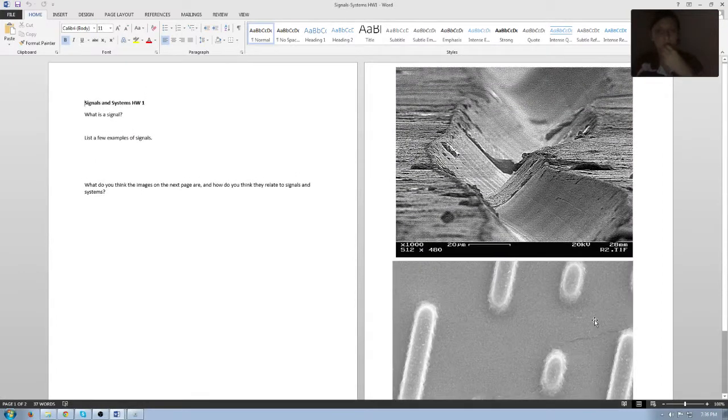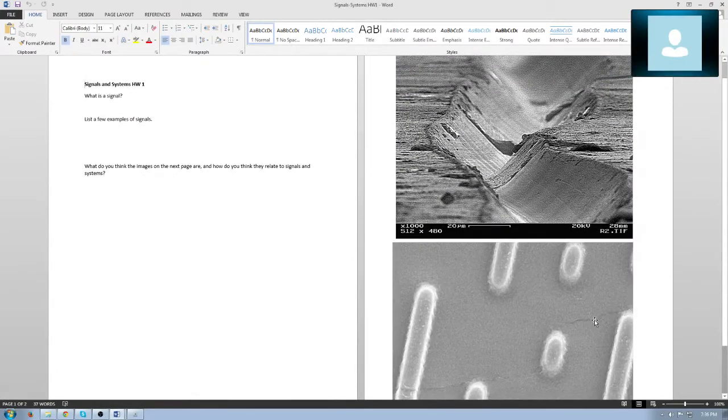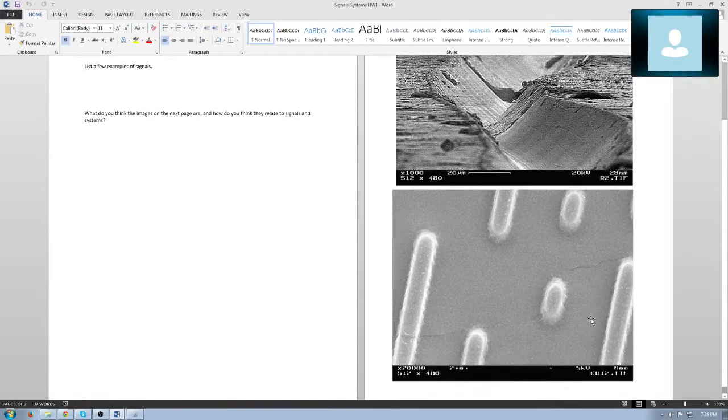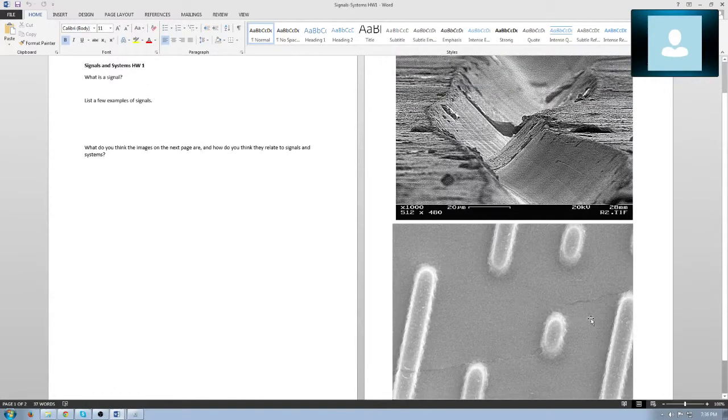It relates to music because these are electron microscope pictures of the top one being a vinyl record and the bottom one being a CD. Okay. That's actually a sound signal embedded into physical media. Yeah, I was totally stumped. That's kind of cool.